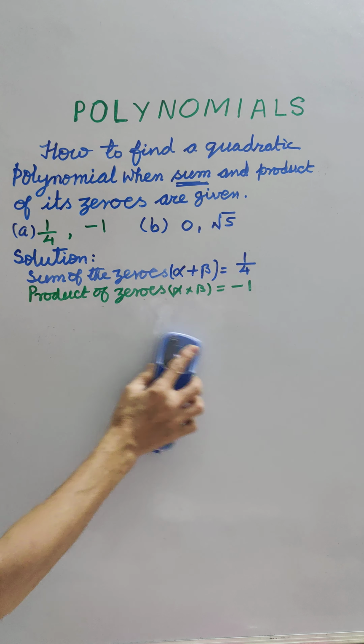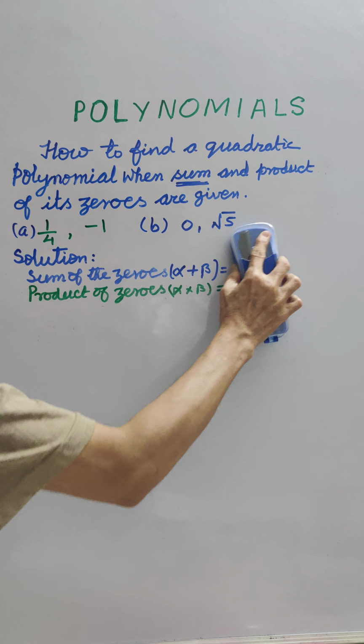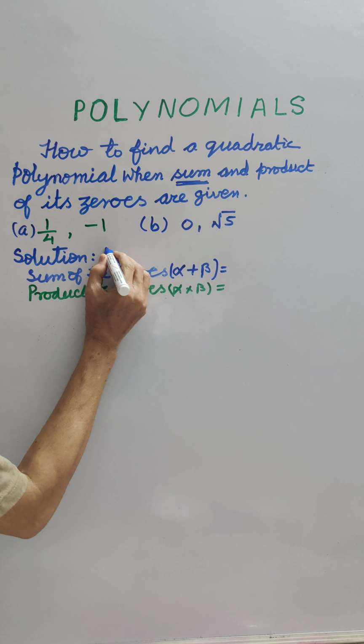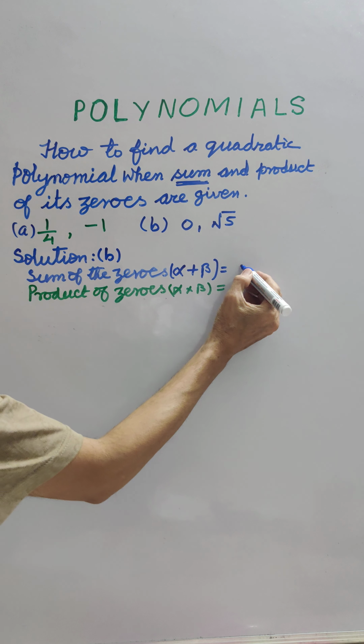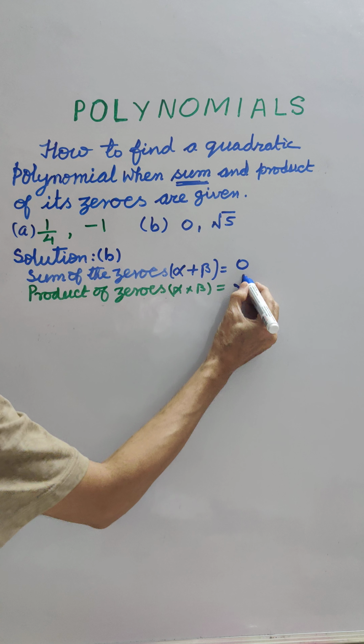Till here is the same for both the questions, only changing this. Now B part. Sum of the roots alpha plus beta is given 0. Product of the roots is given as square root 5.